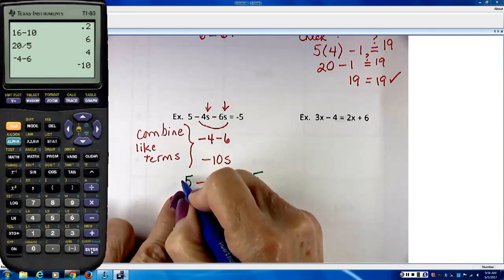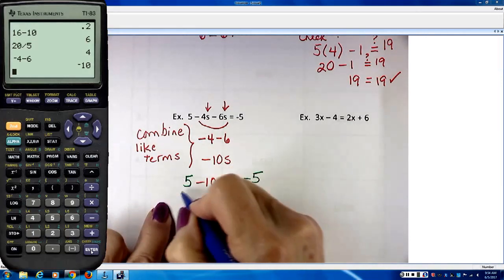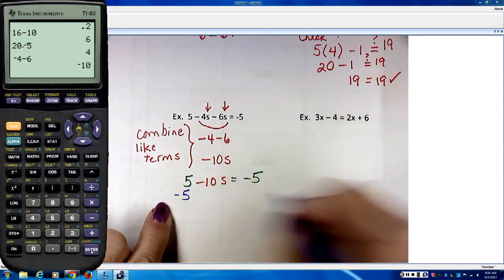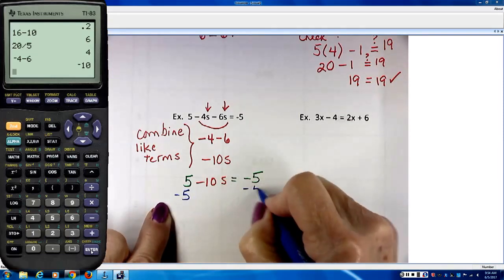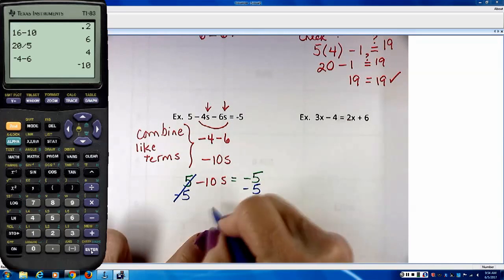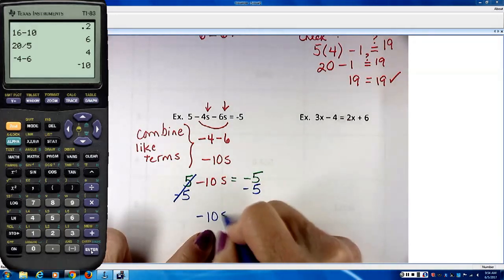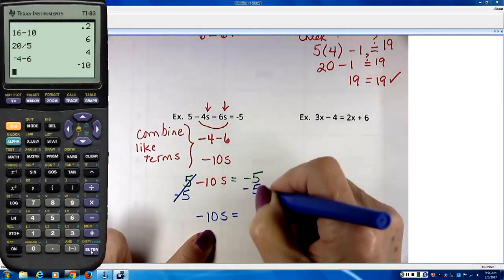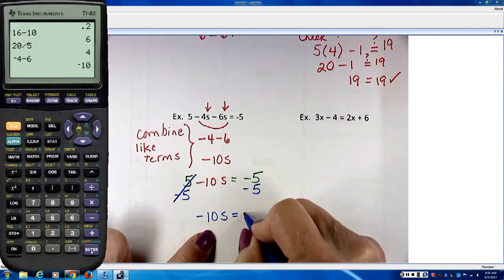Okay, so if I wanted to get rid of it, I want to add its opposite, which is negative. So that means now I have negative 10s equals negative 5 plus negative 5 is negative 10.